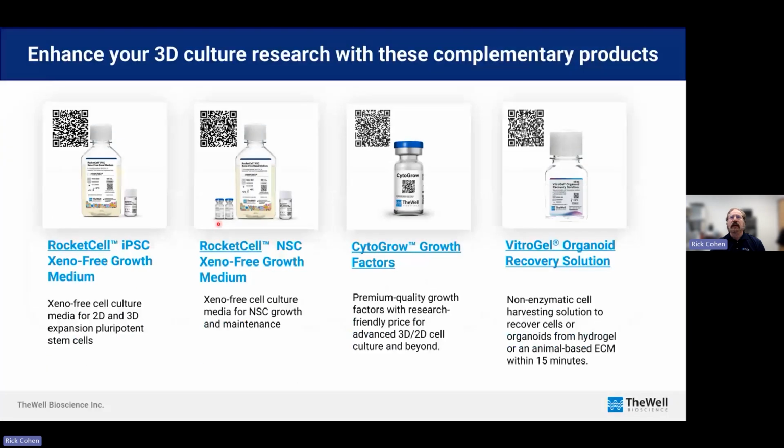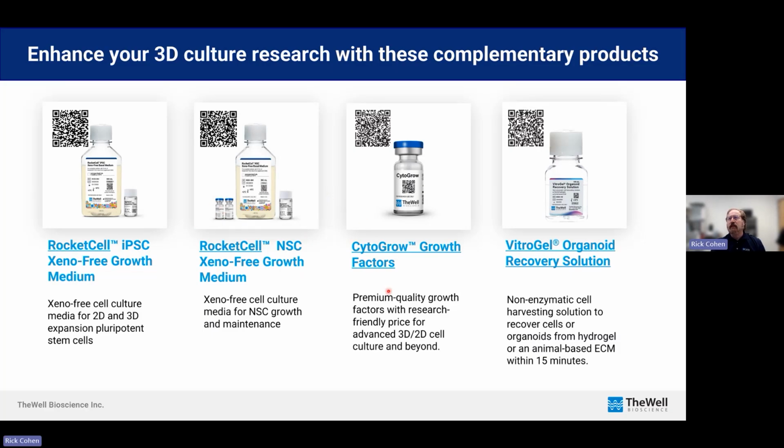I also want to point out some of the other products that I used in developing the neural stem cells that are available. So this is our iPS Xeno-Free growth medium that is available separately from our hydrogel. The Xeno-Free NSC growth medium. So our RocketCell platform has that. Right now it's for neural stem cells, and that comes with EGF and FGF.